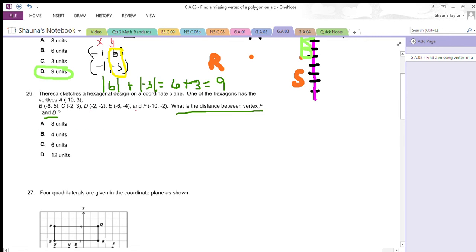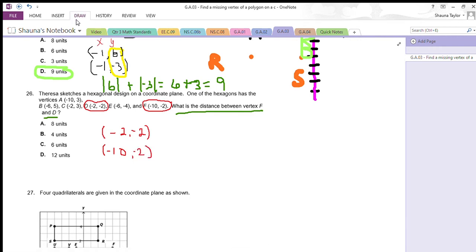So F is right here. And D is right here. So we're going to take these two and write them down here. So here's -2, and this is what I would write on my sheet of paper. And the second one is -10 and -2.